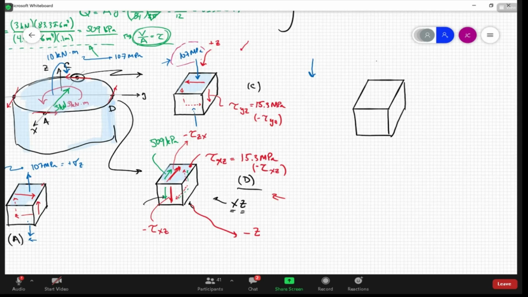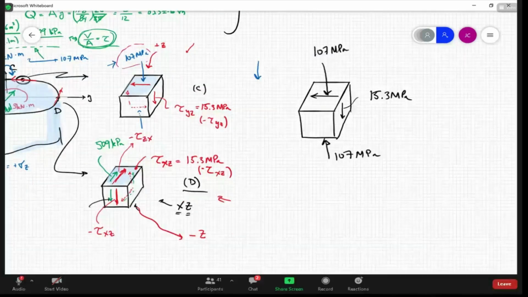So we have a compressive stress like this of 107 megapascals, and then the shear stress is going to be this and this, and that is 15.3 megapascals. That's the way you really should draw it, in my opinion, okay? That clearly explains the state of stress at point C.